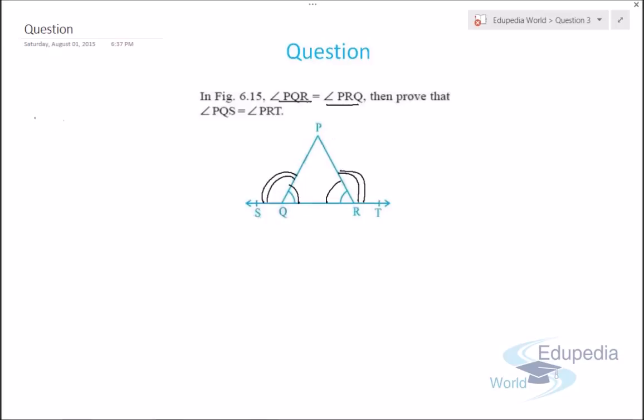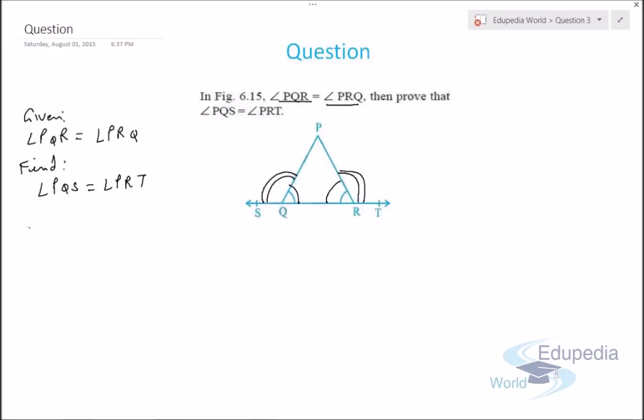So it's a very easy question. Let's first write what is given. It's given angle PQR equals angle PRQ, and we need to prove angle PQS equals angle PRT. So let's see how we can find this.